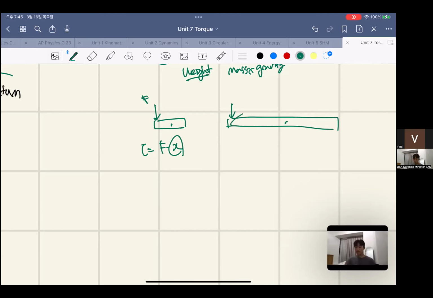Whereas if you have a longer X, if your stick is longer, more widespread, then you would need more torque to rotate this object. So what this basically tells us is that longer, more widespread objects are harder to rotate.